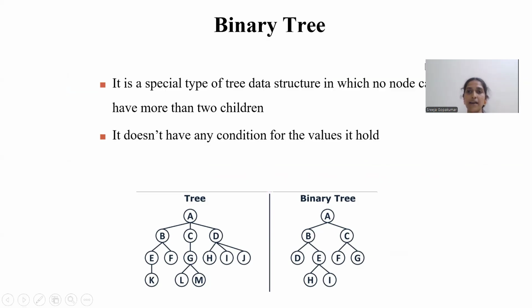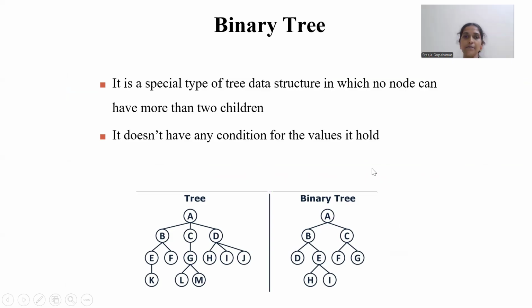The name itself represents that a binary tree is a special kind of data structure where no node can have more than two children. Which means that each of the nodes present in the tree can have either 0, 1, or a maximum of two children.